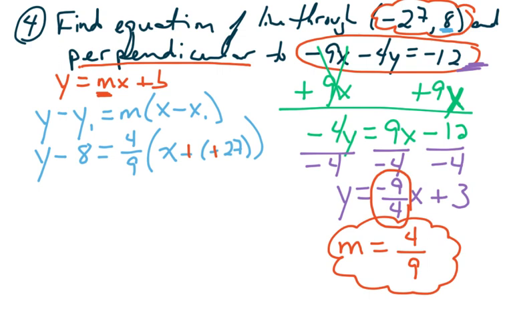So again, this would be my answer if they told me I wanted it in point slope form. In point slope form, it would be y minus 8 equals 4/9 times the quantity of x plus 27. So make sure that you just rewrite this as just a single plus sign if they wanted point slope form.